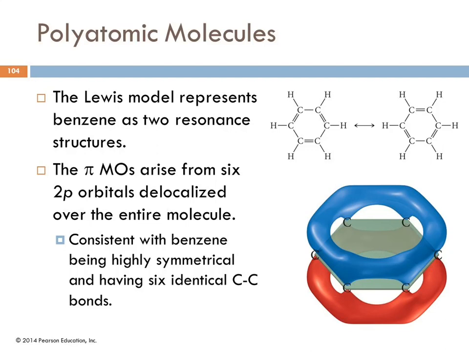And this is consistent with our observations of the properties of benzene. It's highly symmetrical, and it has 6 identical carbon-carbon bonds. It is not alternating double and single bonds. That's the end. That's as far as we're going.